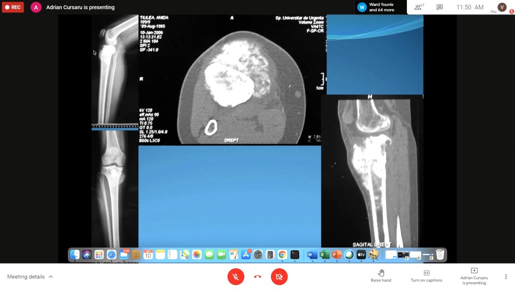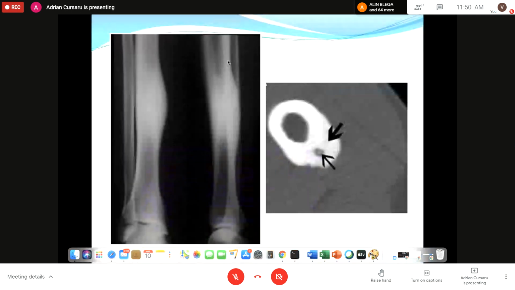You can tell me, yes, it is a soft tissue extension, because we are saying here that it's not just affecting the bone and it goes to soft tissue, but here you can see the soft tissue affection, and you can see the vessels and the nerves, and you can make a correct planning for a surgical treatment.